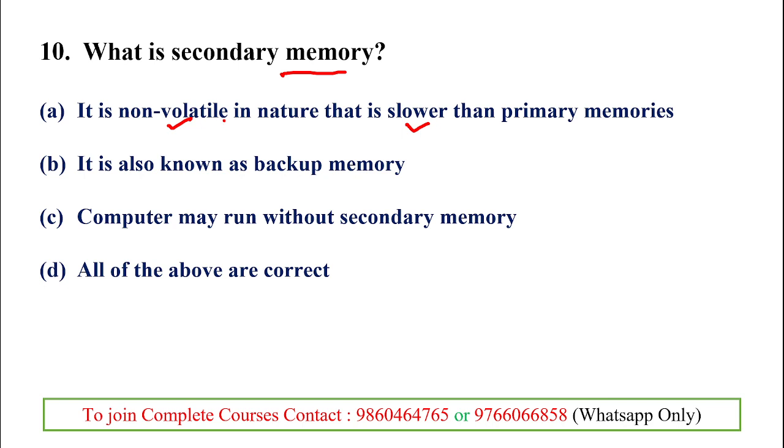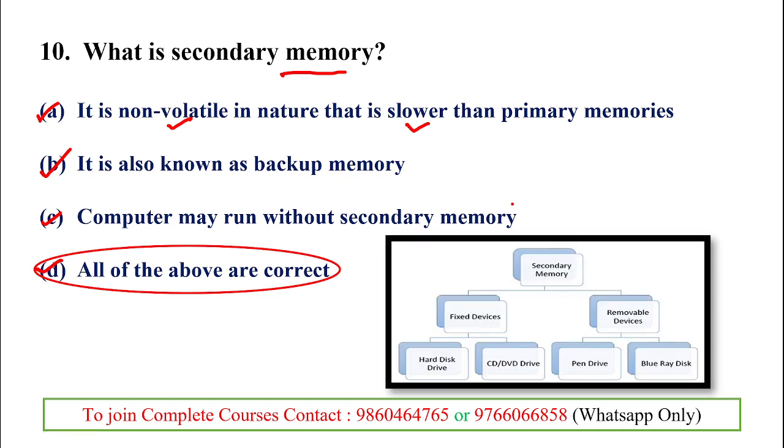So it is stored for a permanent time period, but this memory is slower than the primary one. So option one is correct, and it is also known as backup memory. That is also right: when we want to back up some information, we use the secondary memory. And the computer may run without secondary memory. That is also right, so all of the above are correct according to the secondary memory.